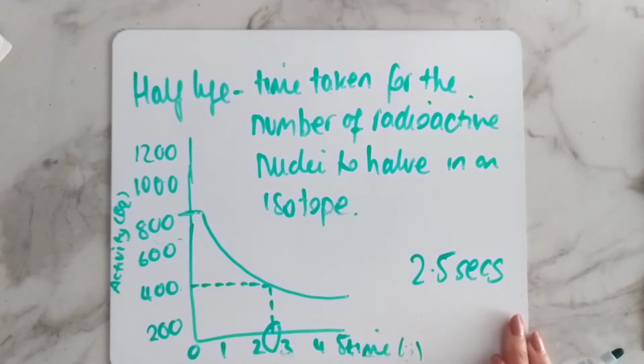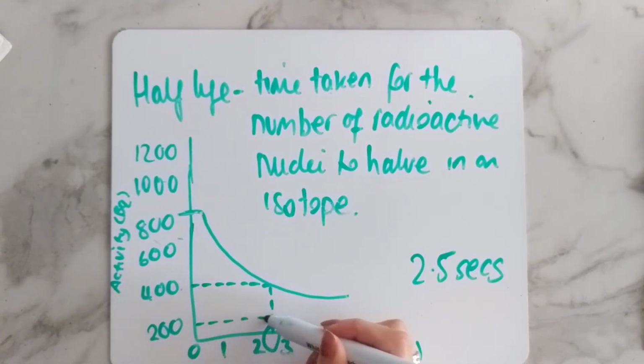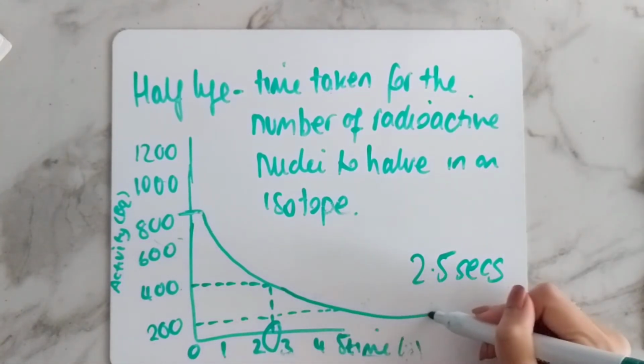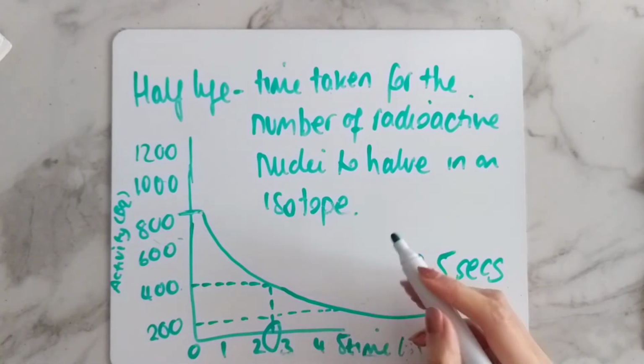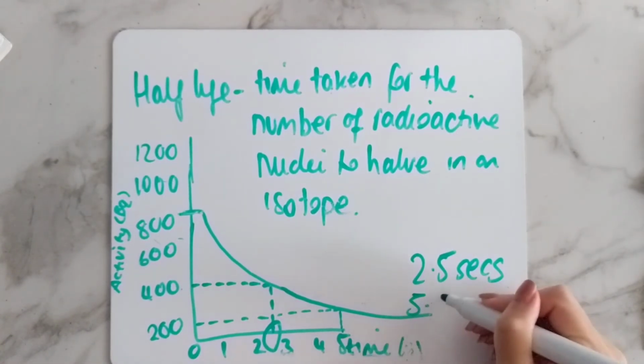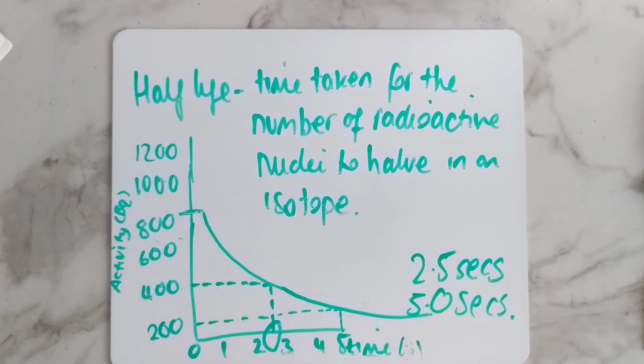If they ask you for a second half-life, you do half of 400 because that's the first half-life. The second half-life is 200. So again, go across with your dotted line. Okay, sorry, maybe my line should have been like that. Go across wherever you hit the line. My second half-life is 5 seconds. And so on and so forth. I think they'd probably only really ask you for 1 half-life or 2.